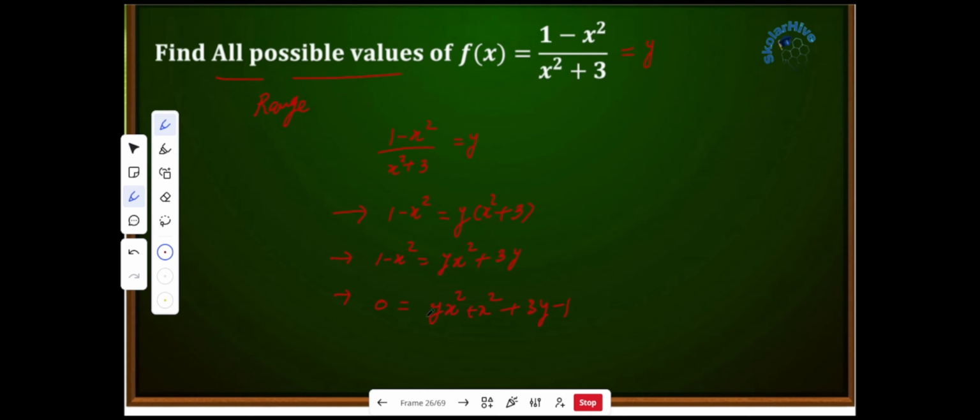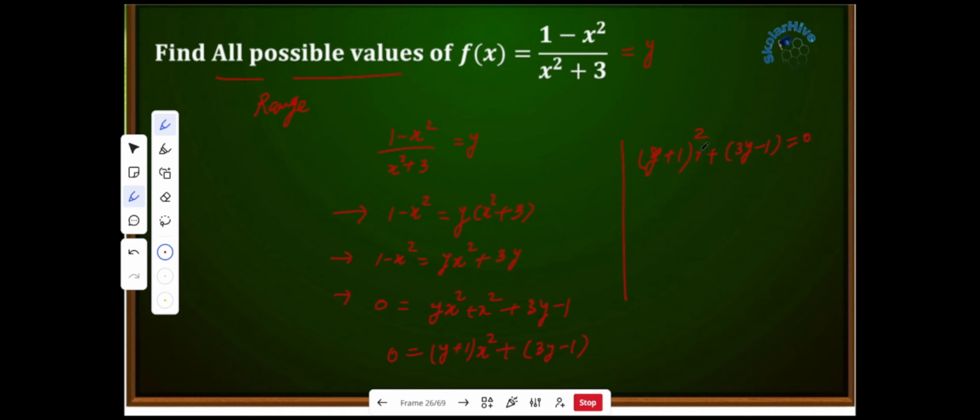Taking x square common, we get (y plus 1) times x square plus 3y minus 1 equal to 0. If you see, this equation is quadratic in x.